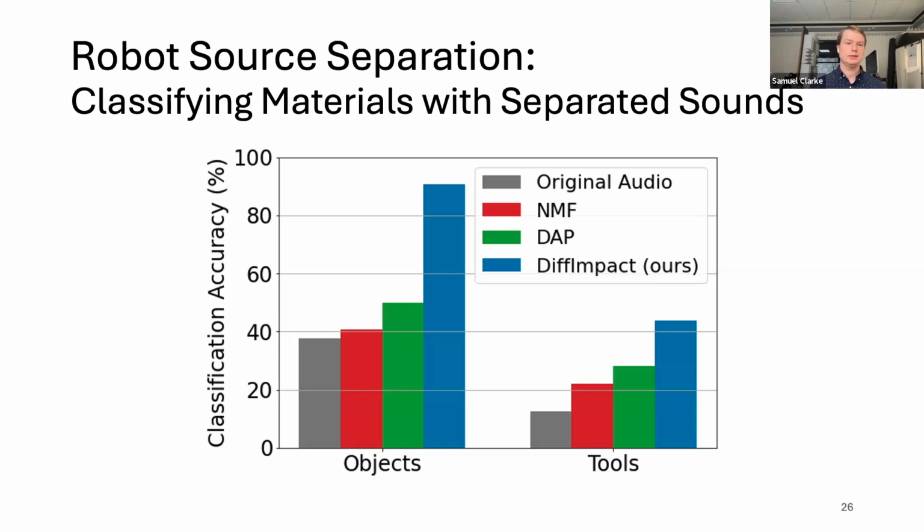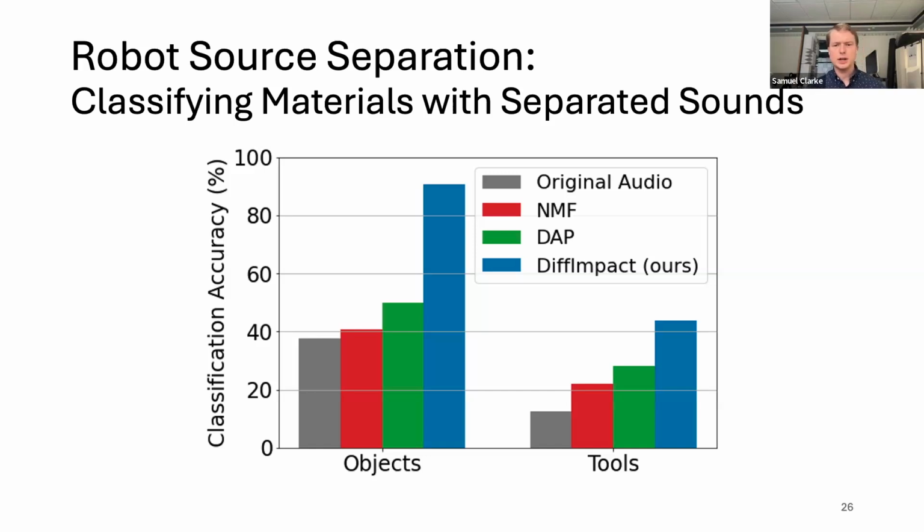Note that this would be an ill-posed problem for just using the original audio, because as I said, the original audio is the combination of two different materials at once. So it's not really well posed to predict material from just the original audio. So this shows a valuable application of this source separation and these differentiable models of audio and impact sounds for robotics.